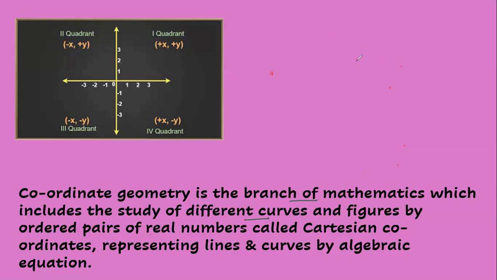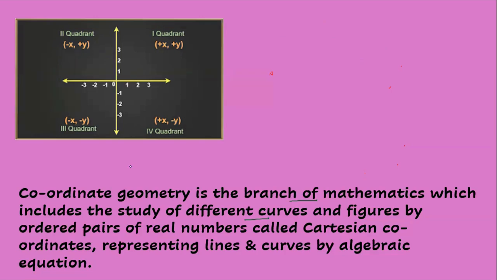Algebraic equation or algebraic expression means what? Means we are using some variables to write the equation of the straight line. We are adding them, subtracting something, multiplying something. So that is all algebra, okay? So geometry plus algebra gives the coordinate geometry, right? Okay, now let's have a discussion about what is the difference between the straight line and the curved line, okay?